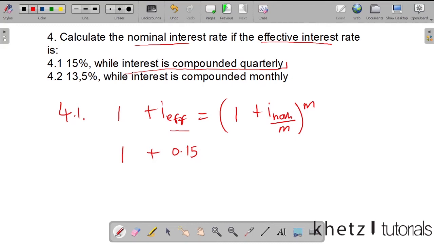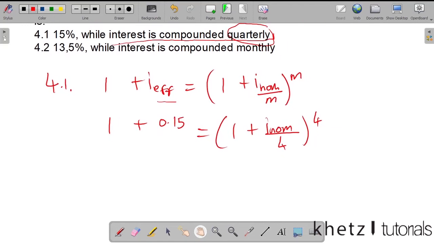That is equal to 1 plus I nominal, which we want to find, divided by a compounding period, which is quarterly, so expect that to be 4 quarters in a year. Now all that's left is to find I nominal. To do that, add 1 on both sides, and adding these two, you're basically just going to get 1.15, just so it's compact when we're writing.